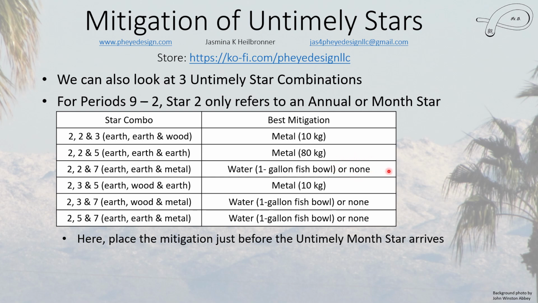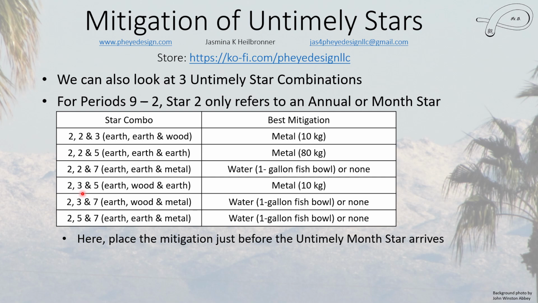You might even find that doing nothing is better because the metal does weaken both of these. So kind of play it by ear, see how it feels. It's possible you might need 2 gallons if it feels that way. So you can experiment a little bit. These are not hard and fast rules. These are rules that are generated just because of simply how the elements interact.